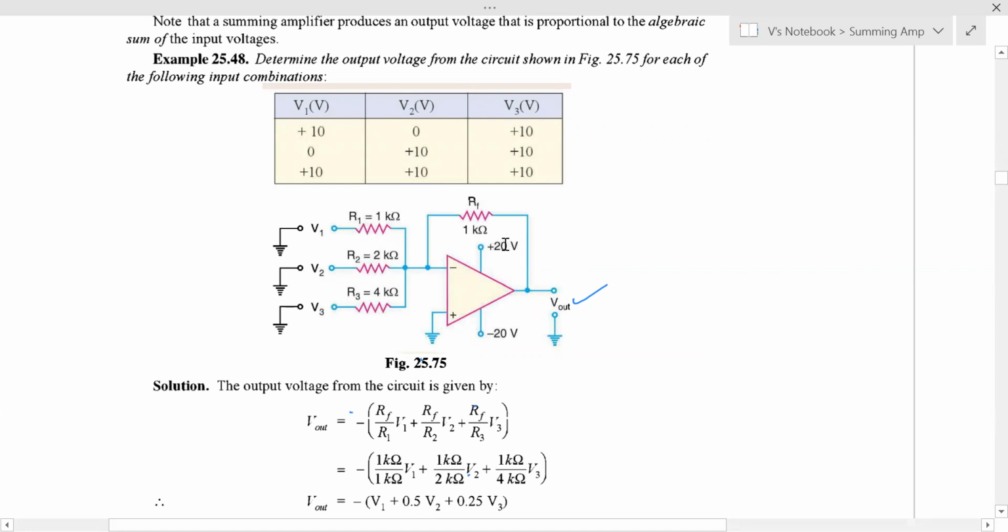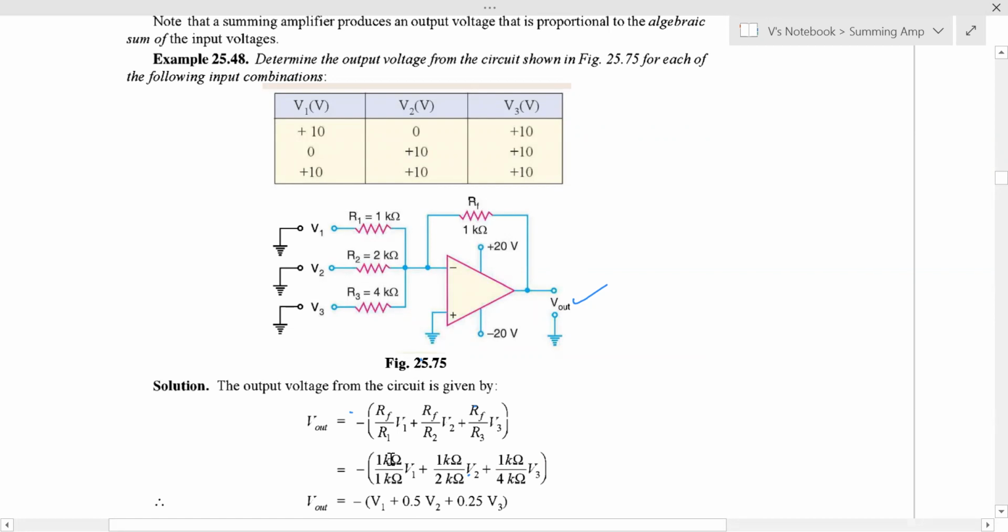R1, R2, R3 and RF will remain same. Now here again we can see they are different. R1, R2, R3 different, so आपको bracket में लिखना पड़ेगा। Okay. RF is also taken inside to make the simplification easy.